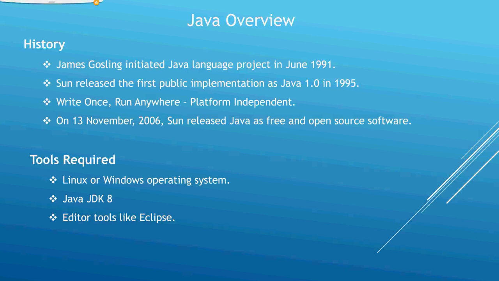And you need editor tools to write your program. You can use TextPad, Notepad, Eclipse, or any kind of tool to write your Java programs. But we chose Eclipse because it is the most popular. It has a lot of features and support to write your Java programs very easily. Let's say you use Notepad or TextPad.